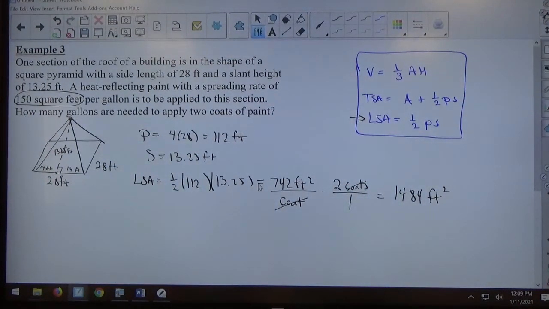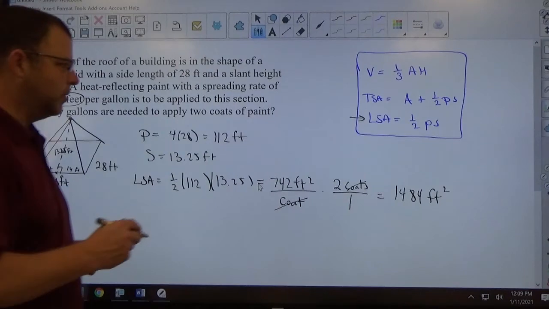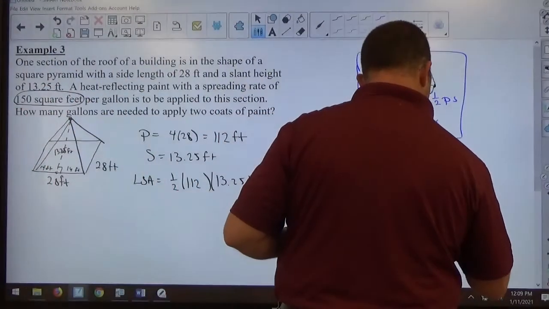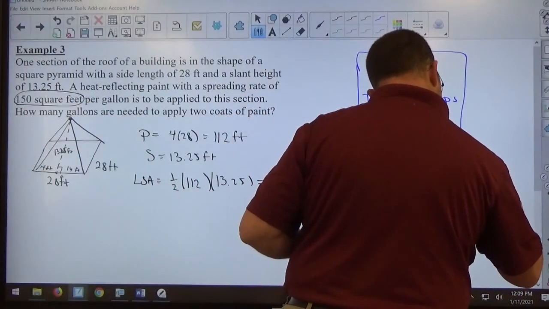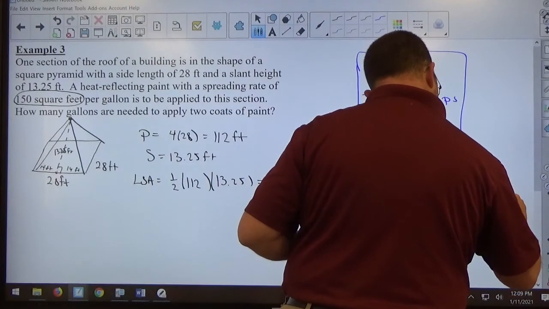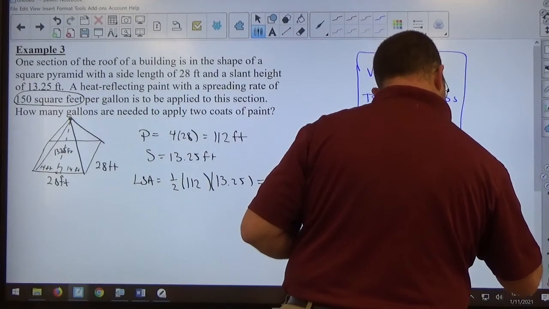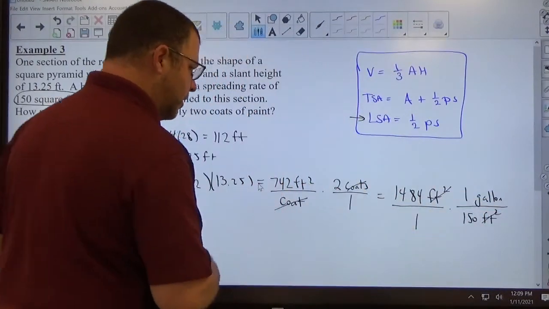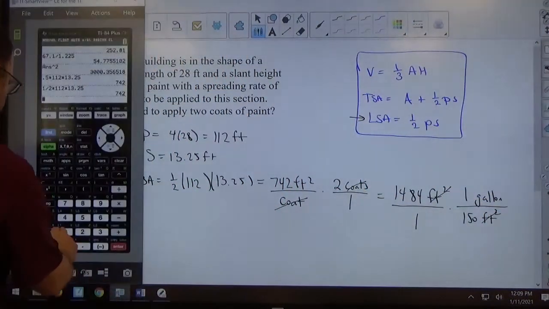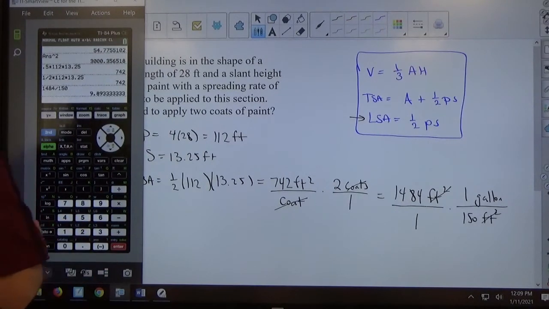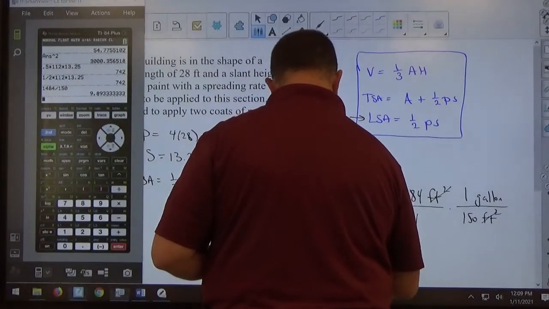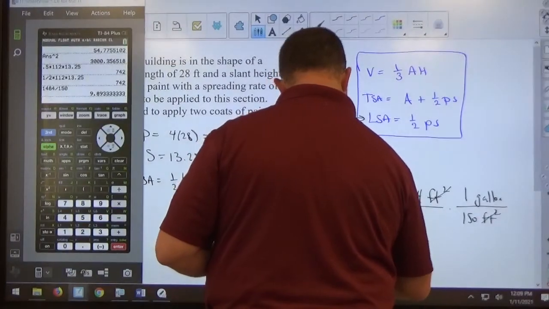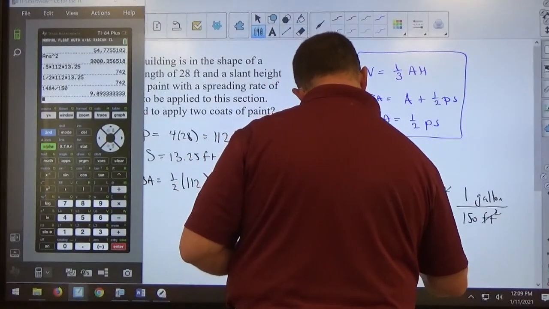And every gallon covers 150 square feet. Square feet matches square feet, so 1,484 divided by 150 comes out to 9.893 repeating gallons of paint required.